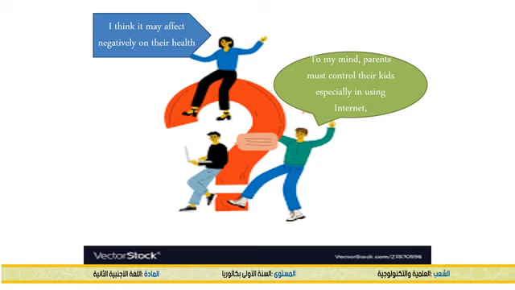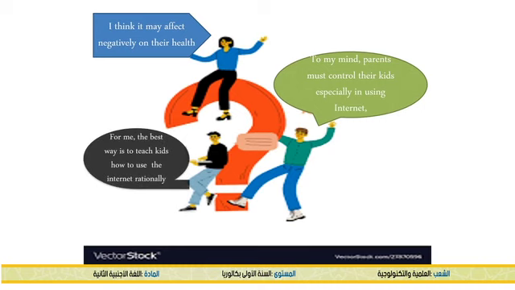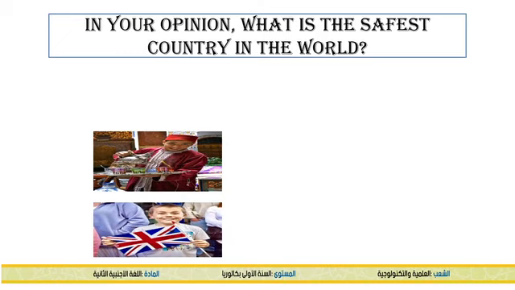To my mind, parents must control their kids, especially in using the internet. And the last man says, for me, the best way is to teach kids how to use the internet rationally. So these present their own personal opinions. Let's move to the second.